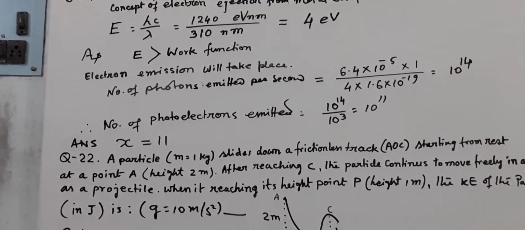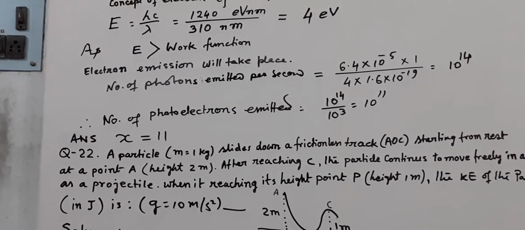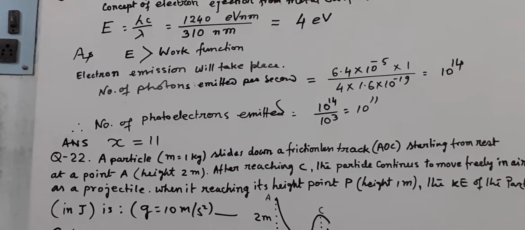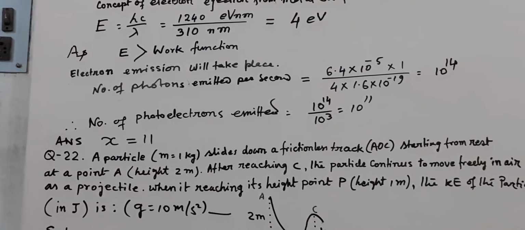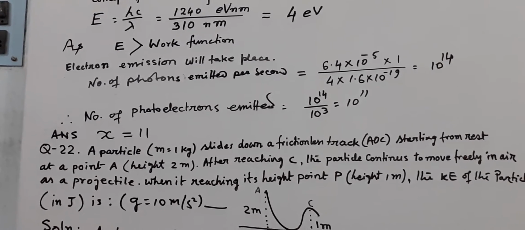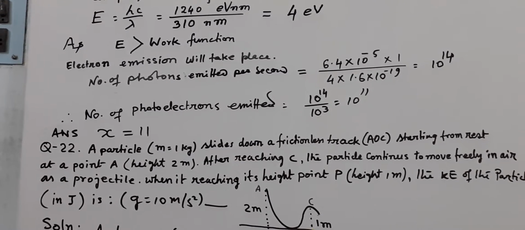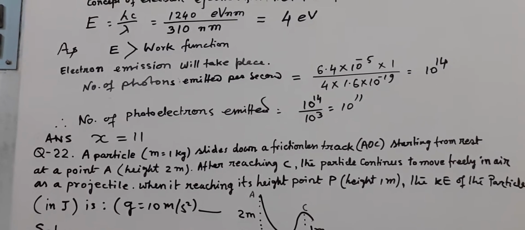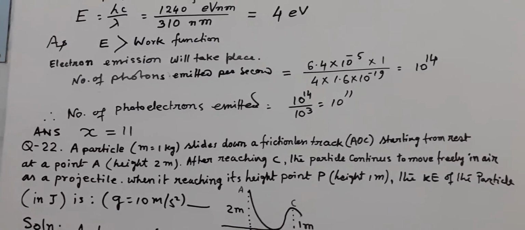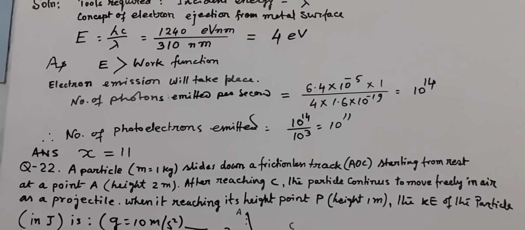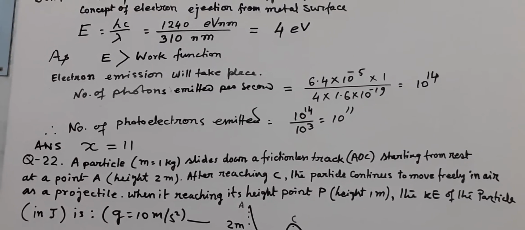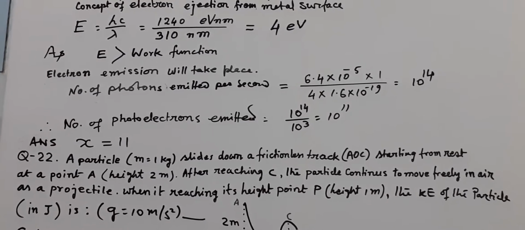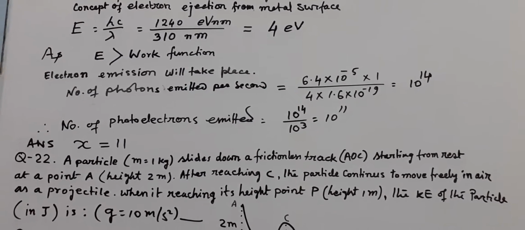The number of photons per second is the amount of incident energy over the energy contained in each photon, and that gives the number of photons available, which is 10^14. Now the number of photoelectrons emitted will be 10^14 over 10^3, because 10^3 photons are required to emit 1 electron.